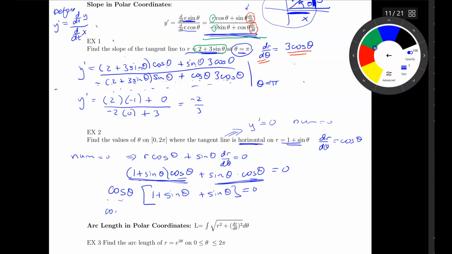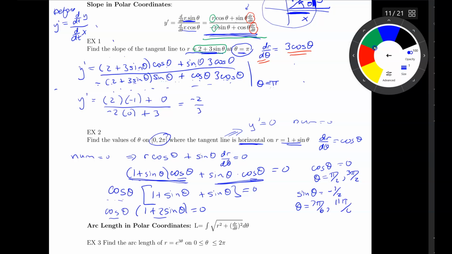So equaling 0, I have cosine of theta times 2 plus 6 sine theta equaling 0. So I've got two quantities that equal 0, and I'm just looking between 0 and 2 pi. So cosine of theta equals 0. That will happen at pi over 2 and 3 pi over 2. And sine of theta equaling negative 1/3 is not what the transcript states; sine of theta equaling negative 1/2 will equal 7 pi over 6 and 11 pi over 6. So those are the four angles.